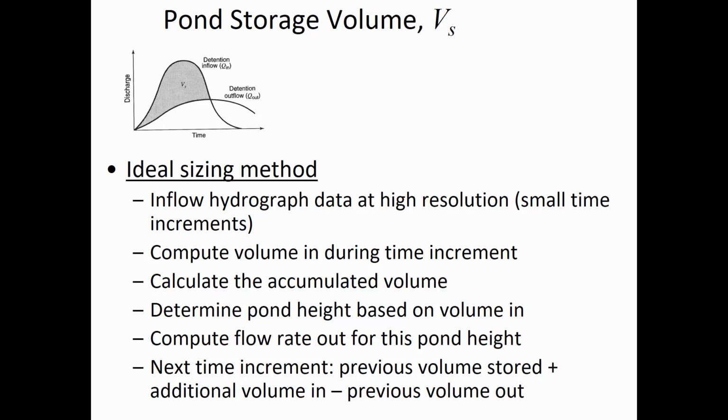In most cases, what these ponds have is just an orifice, and so it's going to be the orifice equation that says the flow rate out from the pond. And then we do this hour by hour. We see how much came in, how much flowed out, what was the depth that dictated the flow rate out, and so on.